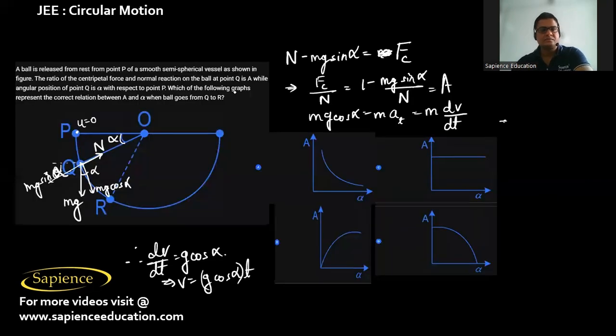Here actually we can say one thing, that Fc is equal to n minus mg sine alpha, and the tangential force is mg cos alpha. And here Ft I can say is m into tangential acceleration, and tangential acceleration I can say is omega d omega by d alpha, since here alpha is the angle.